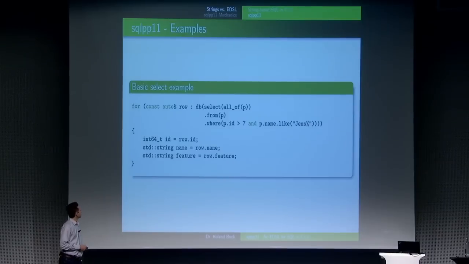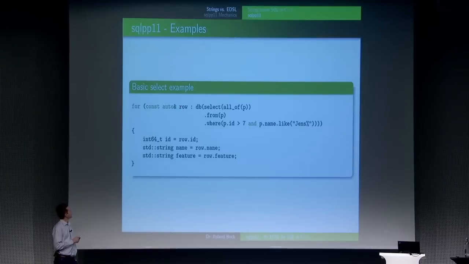This is a select example. So we select all columns of P from P where ID is greater than 7 and the name starts with Jens. And then this gives you back a range that we can iterate over, okay? Range-based for.